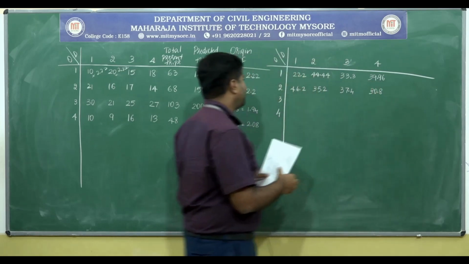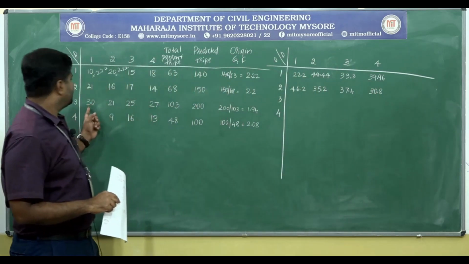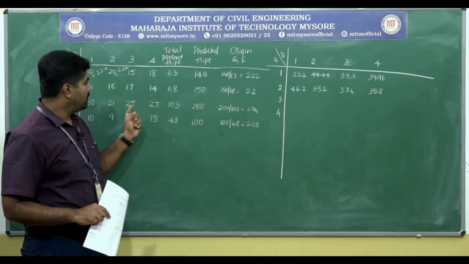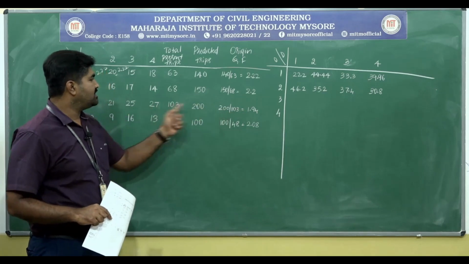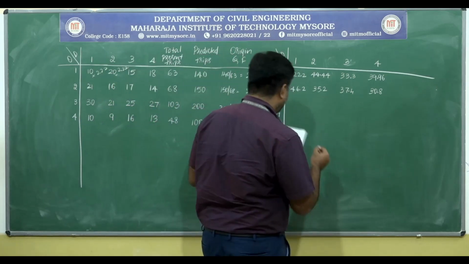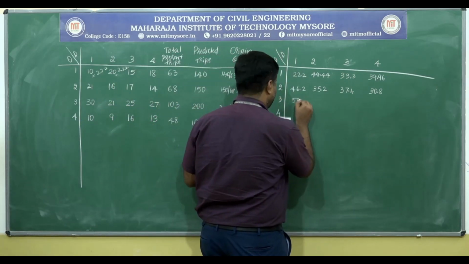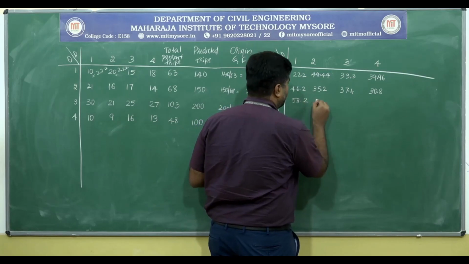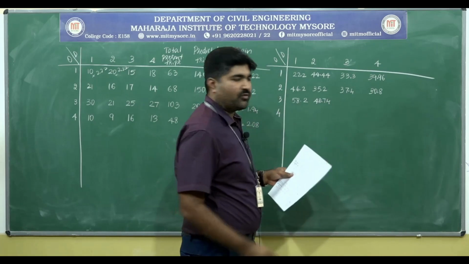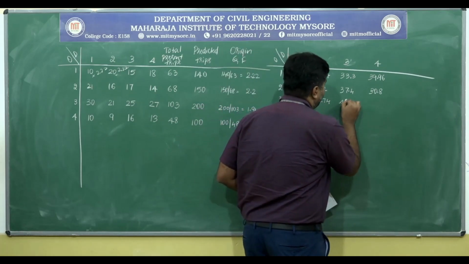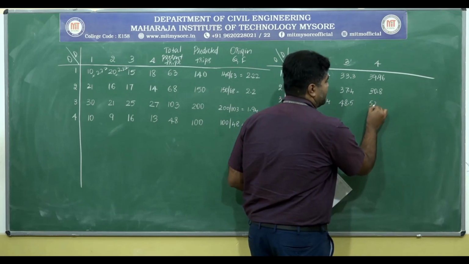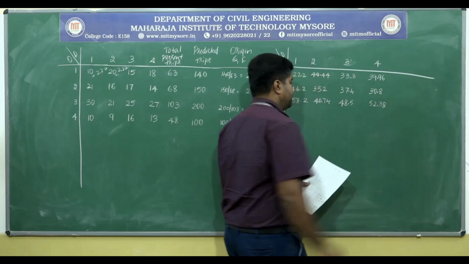Similarly, for next row, 30 into 1.94, 21 into 1.94, 25 into 1.94, 27 into 1.94. We will get 58.2, 40.74, 48.5, 52.38.